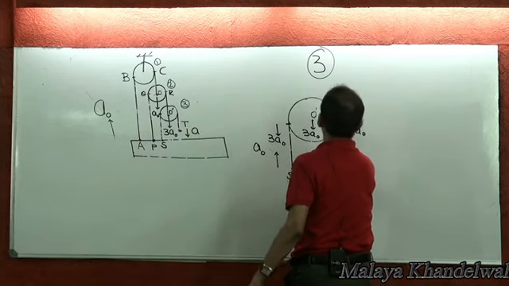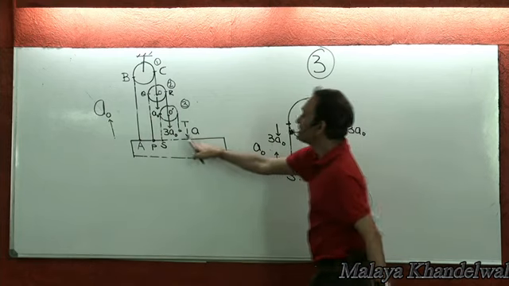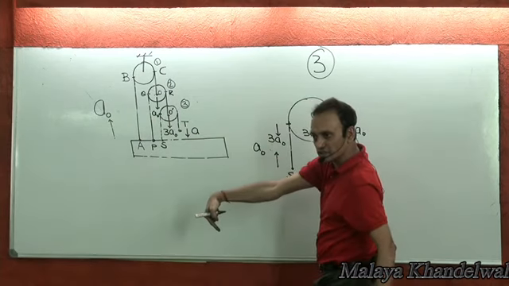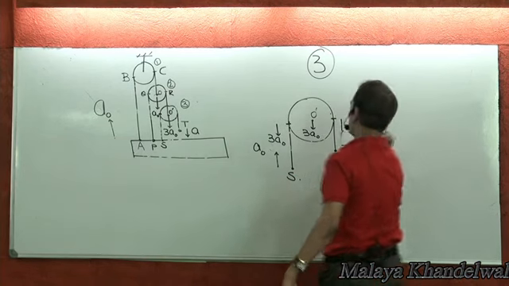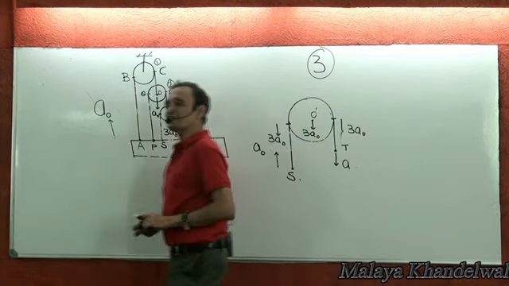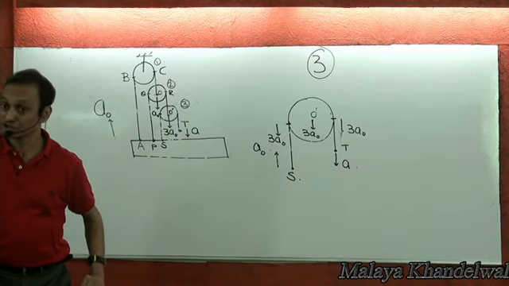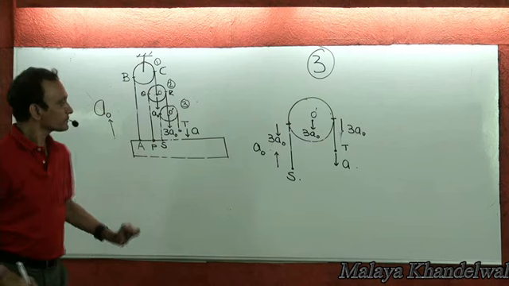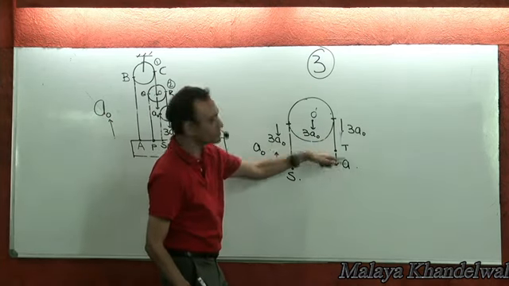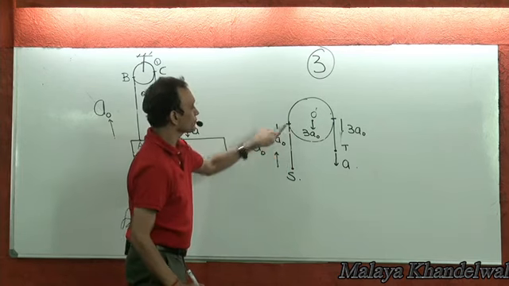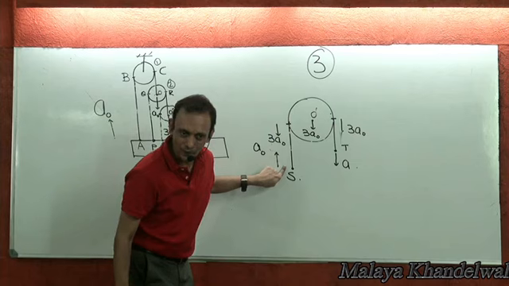This part of the string, the final free length, ends at T. T has an acceleration a downwards. I have to obtain a in terms of a naught. This is my final pulley and my grand finale for the string constraint. So let me traverse the string from one end to another and apply the string constraint. From here to here, minus 3a naught, minus a naught. Yes or no?